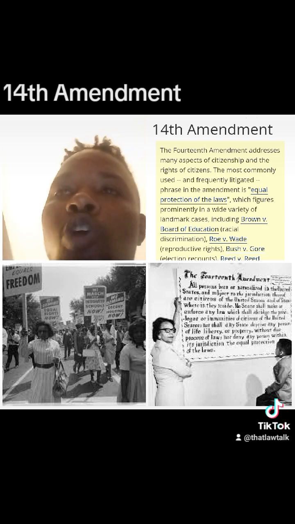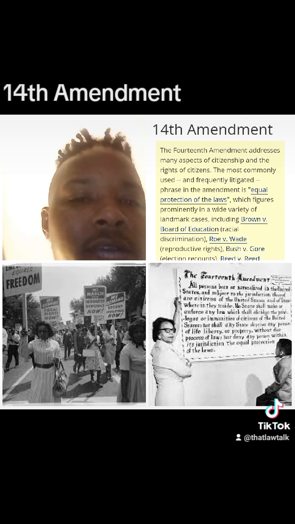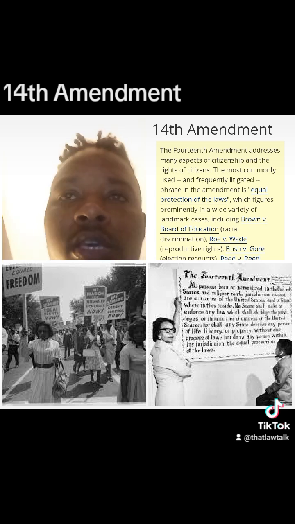The amendment has also played a central role in the development of constitutional jurisprudence, particularly in areas related to equal protection, due process, and the rights of citizens. It has been instrumental in advancing civil rights and expanding legal protections to marginalized groups.